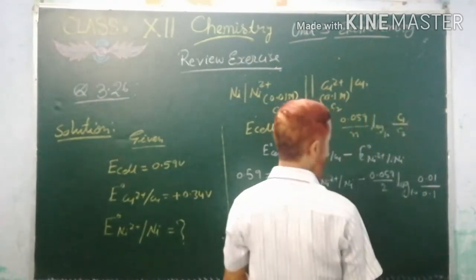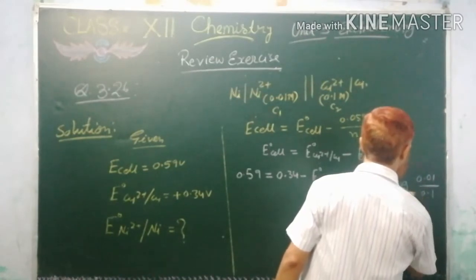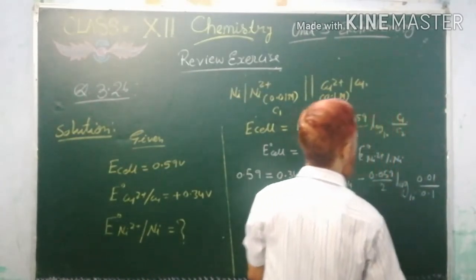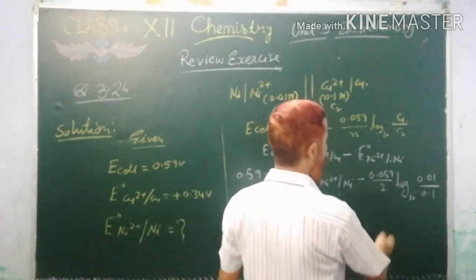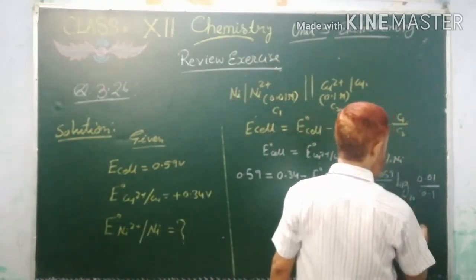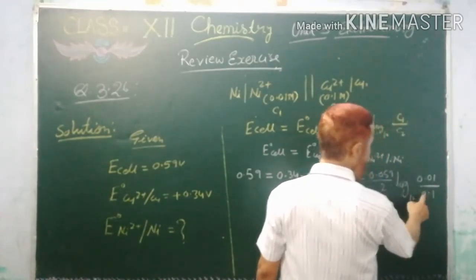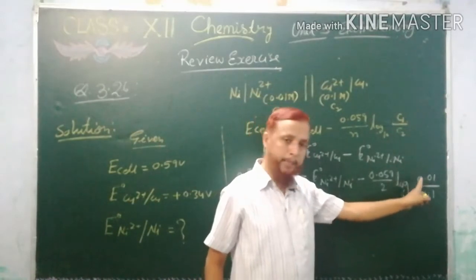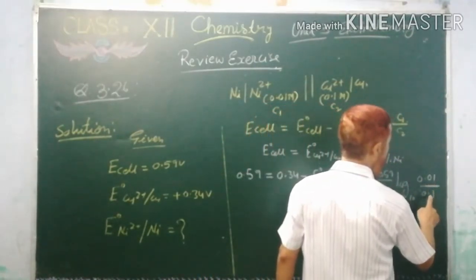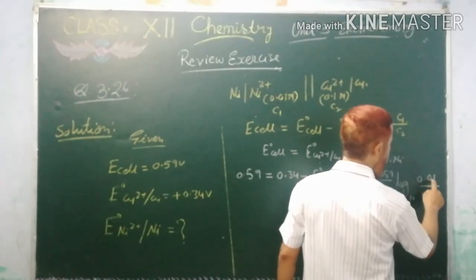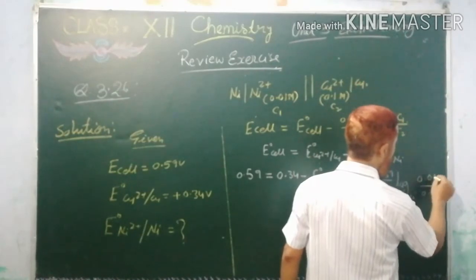Okay, clear? So let's solve this. 0.01 upon 0.1. If we solve this, I am going to make some changes here. We can write this as 1 upon 10.